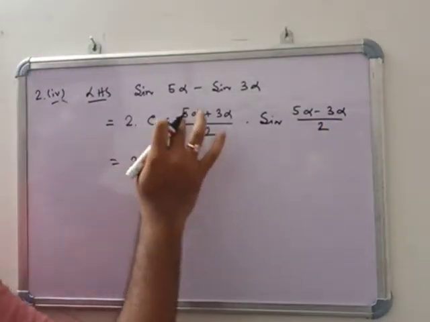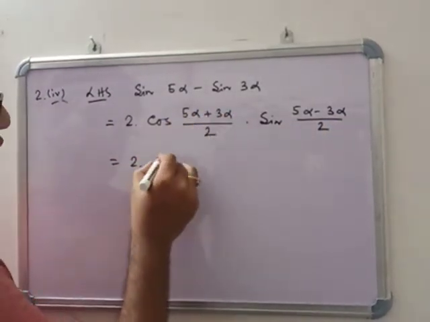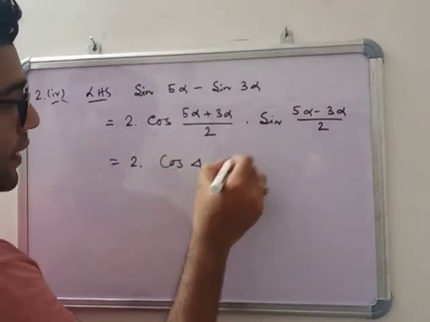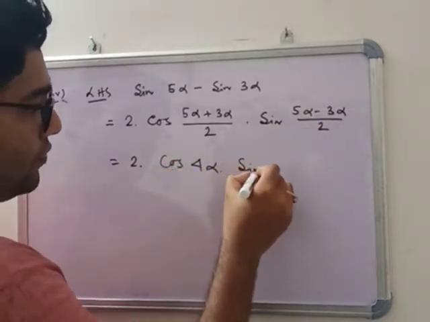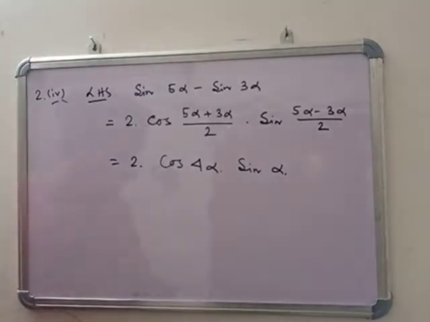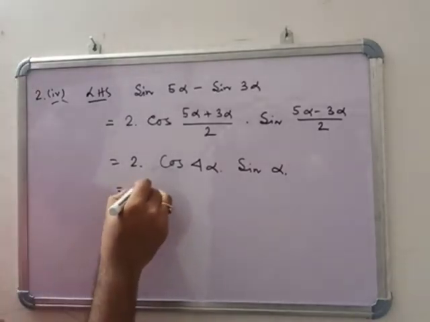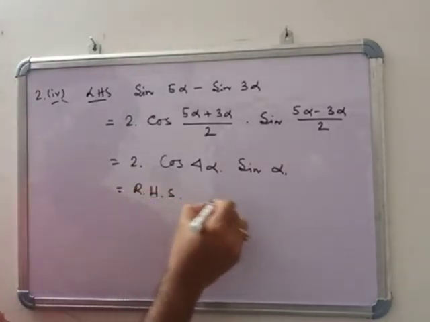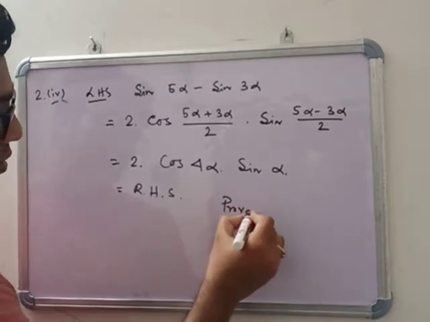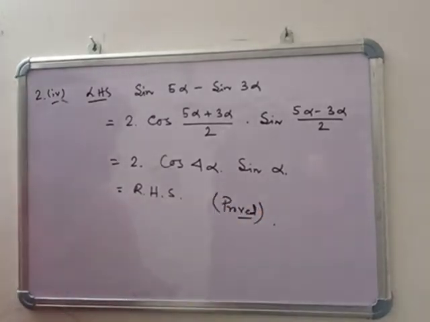So 5 plus 3 is 8, 8 alpha by 2 means 4 alpha, so this is 2 cos 4 alpha sine alpha, which is the given RHS. Proved. Next one.